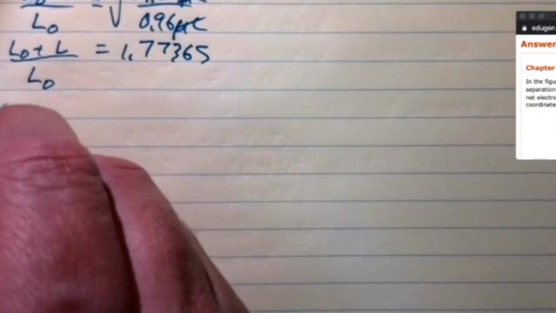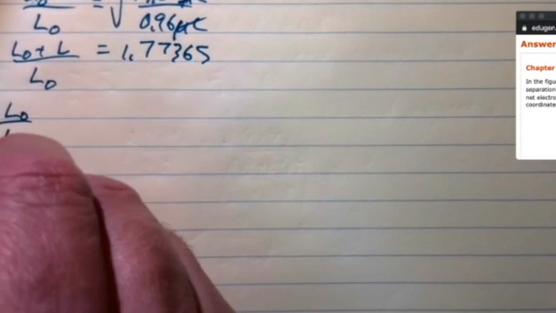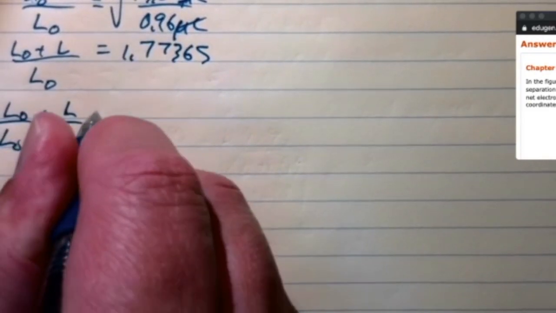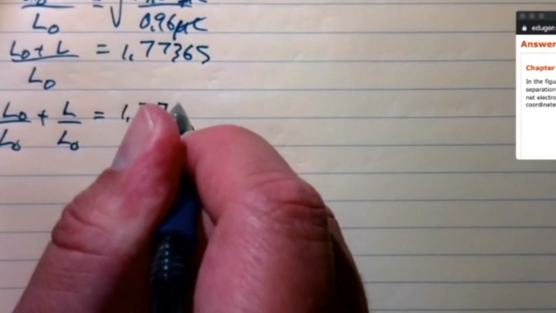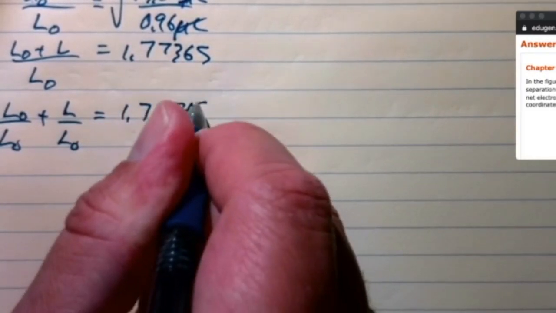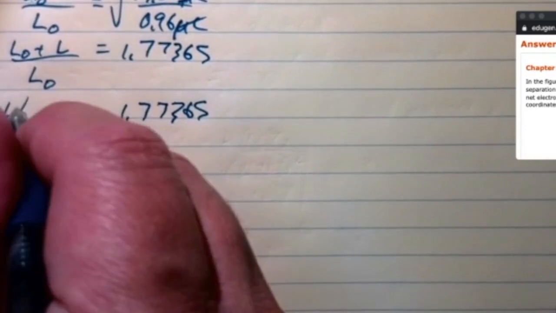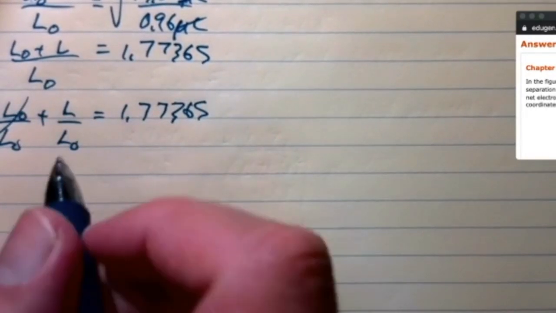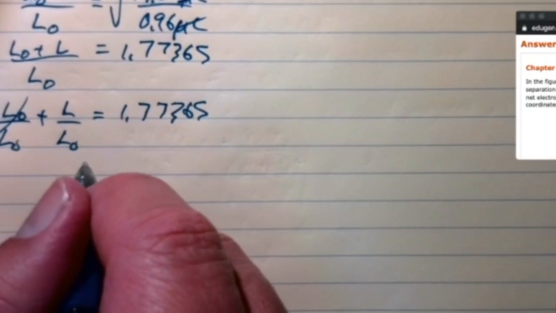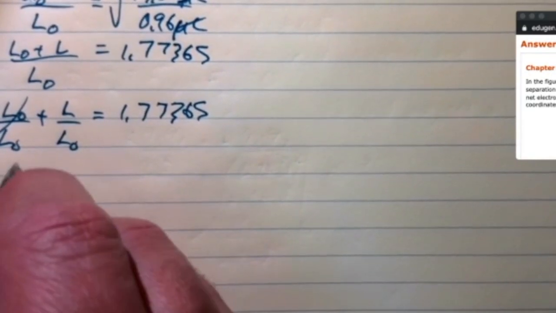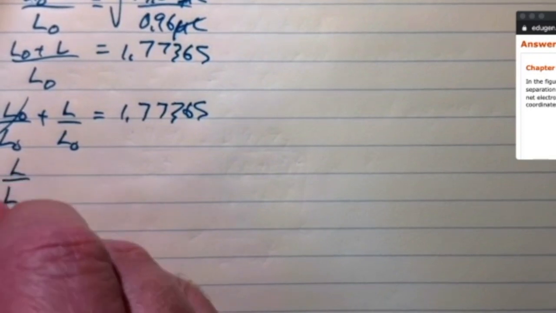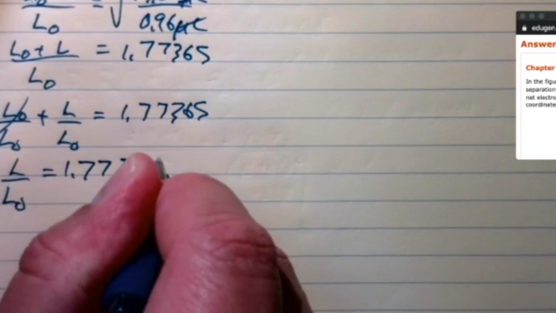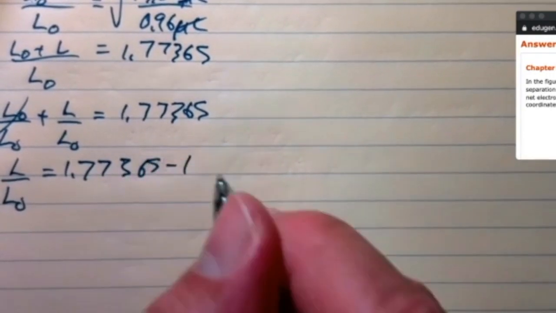Alright, so now I get L0 over L0 plus L over L0 equals 1.77365. This just cancels and becomes 1. So now I will get L over L0 equals 1.77365 minus 1.